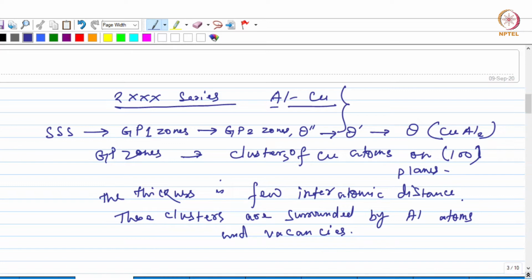As the aging progresses, as the aging continues, the size of the GP zones will increase, and then it will reach a constant size after a while.